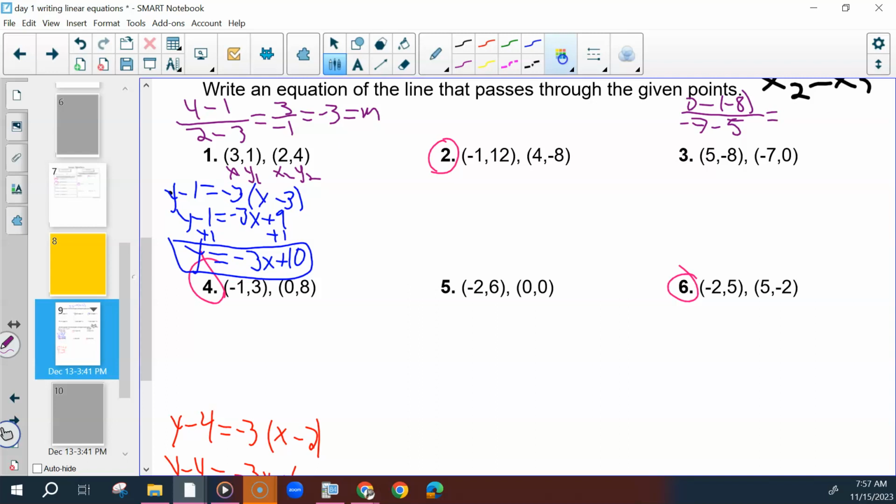What would that slope be? 8 over negative 12, which would simplify to be negative 2/3.